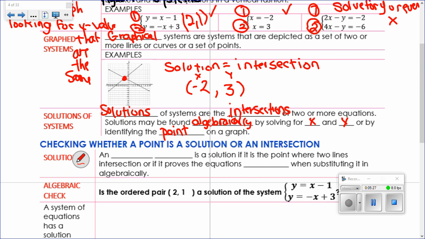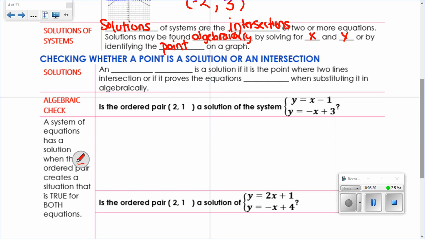So how do we check whether a point is a solution to a graph or an intersection? So an ordered pair is a solution if it is the point where two lines intersect, or if it proves the equations true when substituting it in.